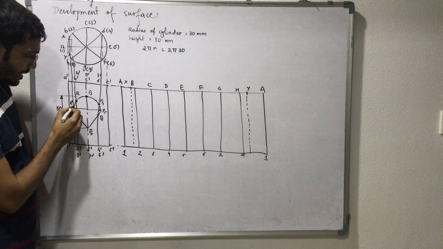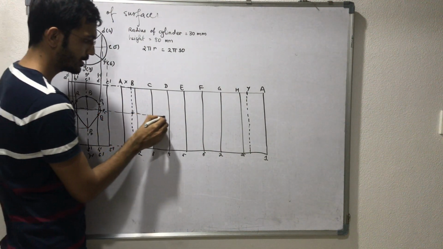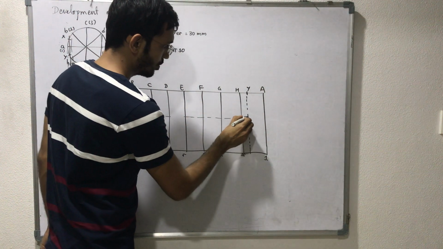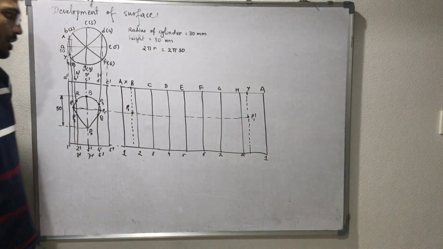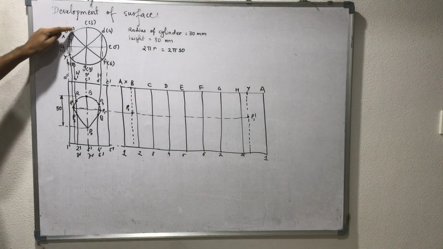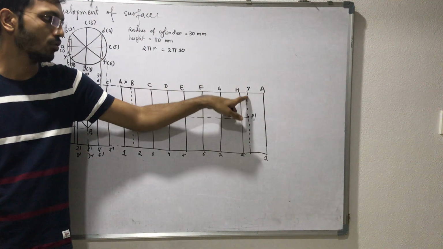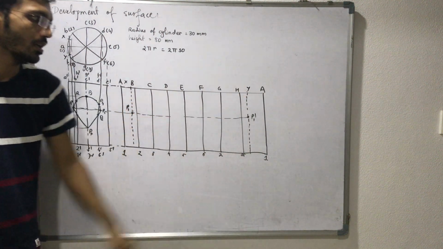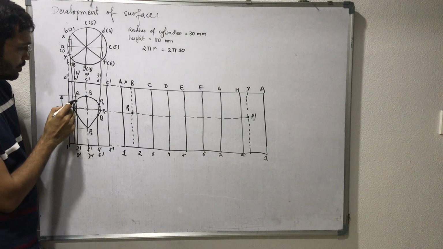So let's extend P1. P1 intersects over here at X and over here, that is P1 dash. So two P1s are there, between AB on the generator and AH on the generator or lateral edge. Likewise, let's say P2. Where is P2?